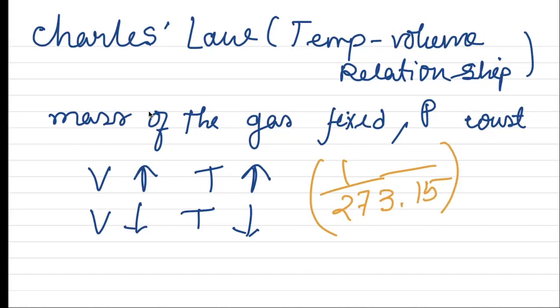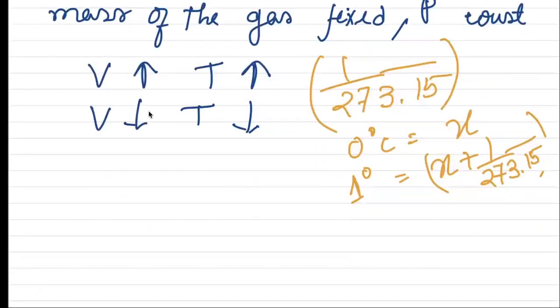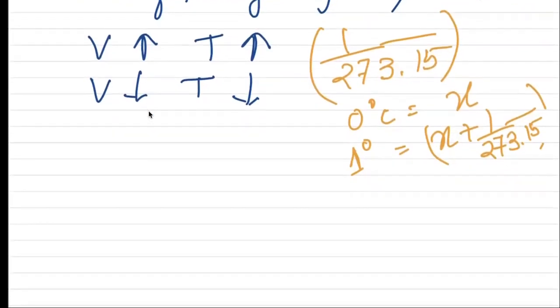Okay, clear? Suppose at 0 degree centigrade a gas has volume X. For 1 degree centigrade, the volume becomes X plus 1 by 273.15. Clear? Yes, ma'am. Okay.